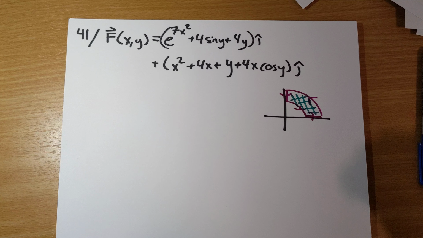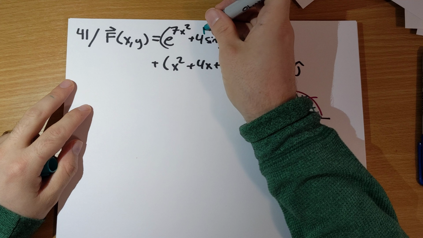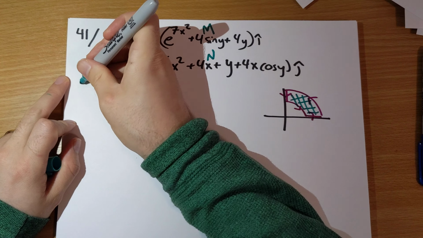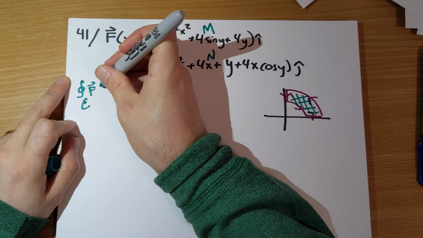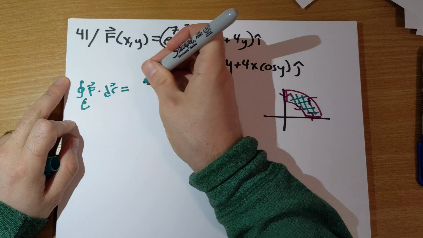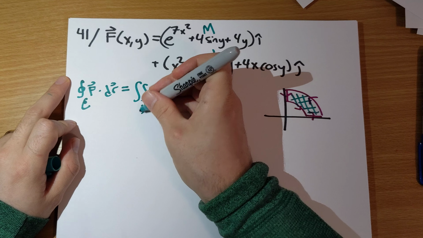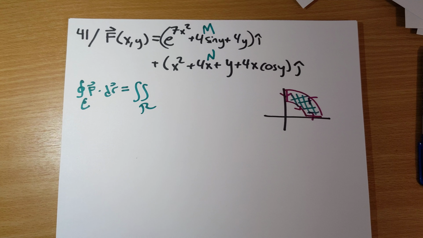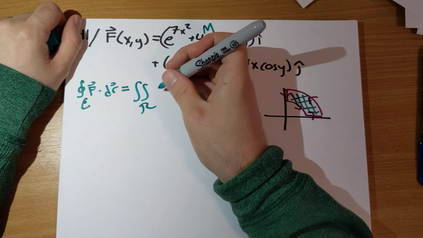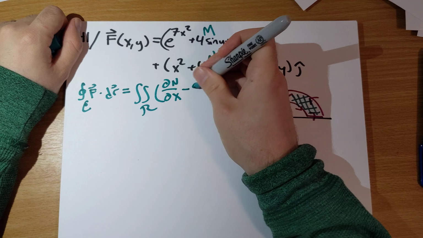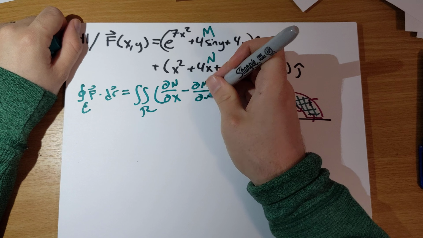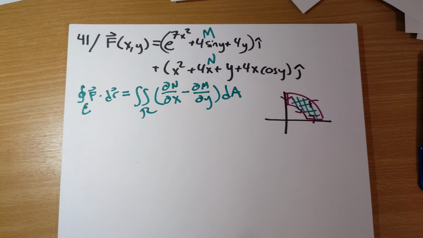So what Green's theorem will tell us is that if this is M and this is N, the circulation of f along C is equal to the double integral over R, where R is the region inside of the curve, of the partial derivative of N with respect to x minus the partial derivative of M with respect to y.